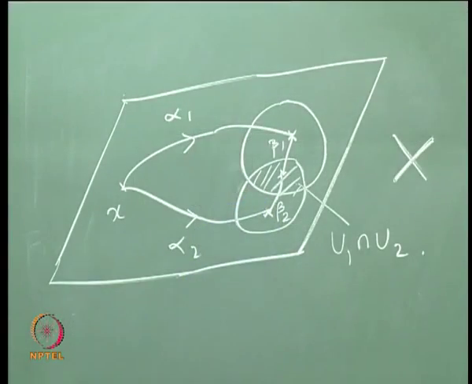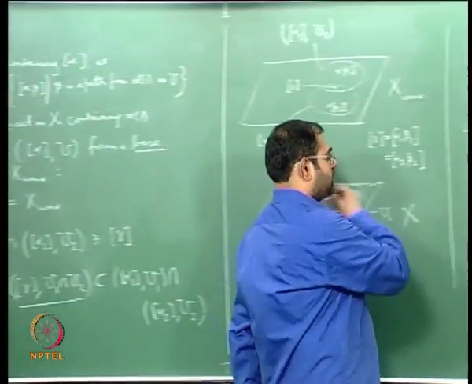So the moral of the story is that you get a topology on x sub univ.